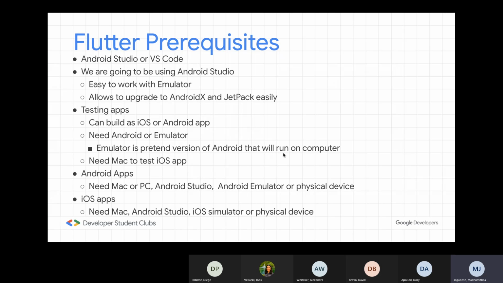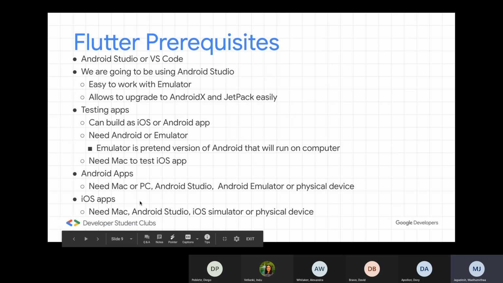I think you can use Windows to test Android, but you need a Mac if you want to test iOS apps. For Android apps, you can use a Mac or PC.